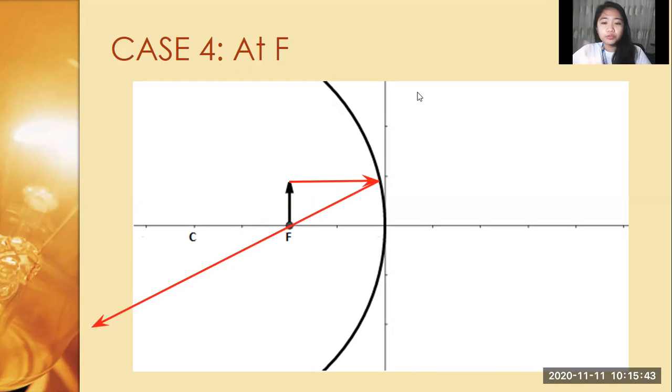Next, for SR2, we cannot actually use SR2 because our object is found at F, and we cannot draw an incident ray that will go to the mirror that will pass through F. So we will skip SR2 and then we'll go with SR3. So SR3 is again will pass through C and then going back again. So I'll just draw it like this and then back again.